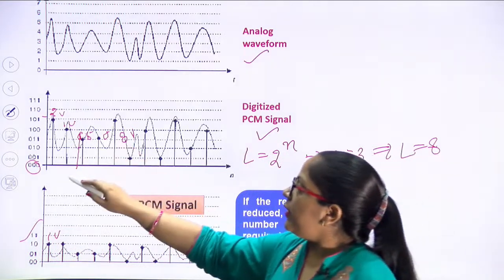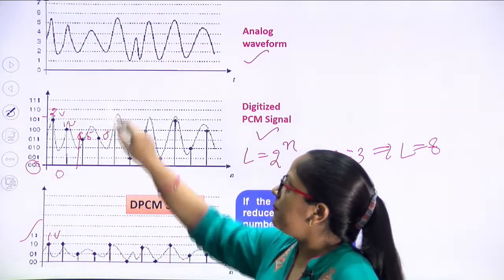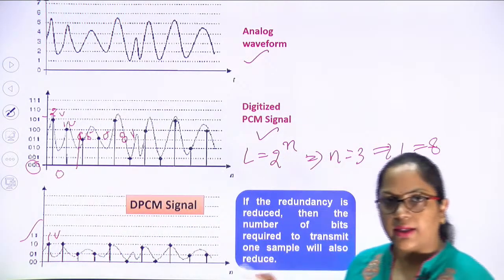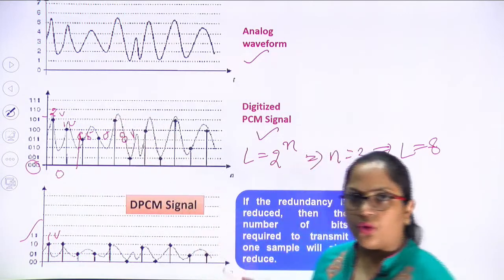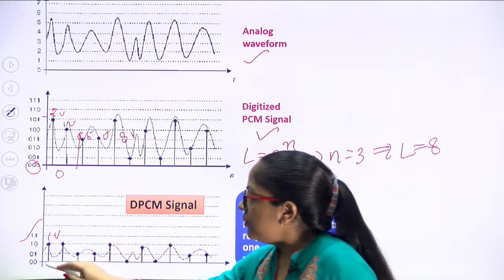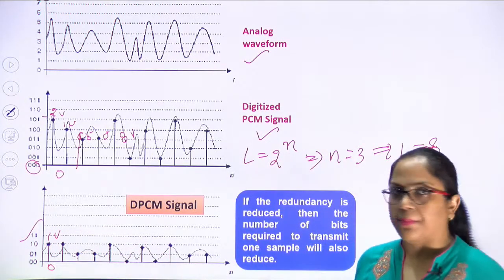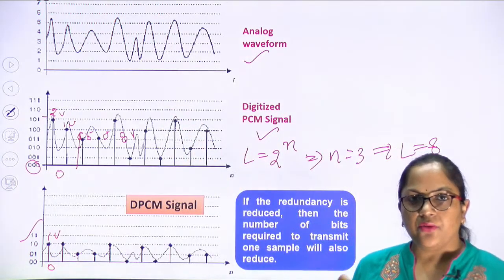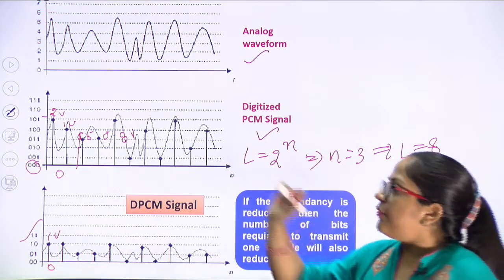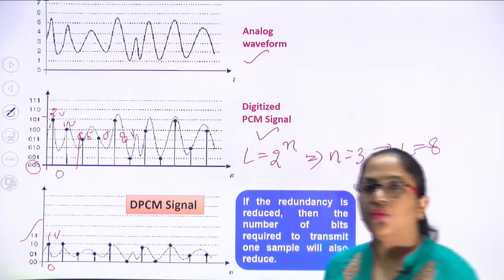So if the maximum voltage range in this PCM is 0 to 2 volt, it will reduce from 0 to 1 volt in case of DPCM. This is just an example. If the maximum voltage range is varying from 0 to 2 volt, after taking the difference, it has been reduced to 0 to 1 volt.